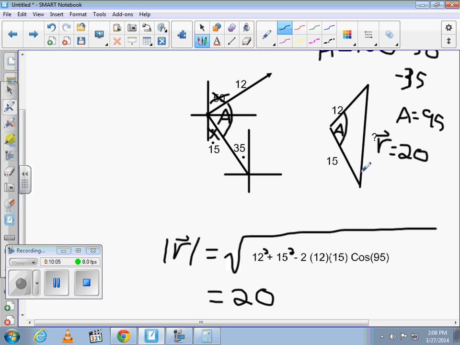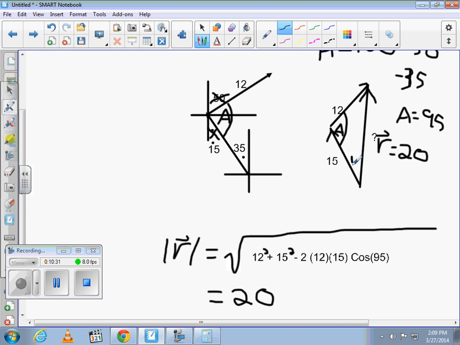And the only thing that's missing now is the angle. And we need to know what angle it is from north. You can clearly see that our resultant vector, when we put them tip to tail, is going to be upward. So it's going to be north, and then we just have to figure out what angle is going to go in here. If it was exactly north, this would show up as 35 degrees. So what we're interested in knowing right now is this angle here.